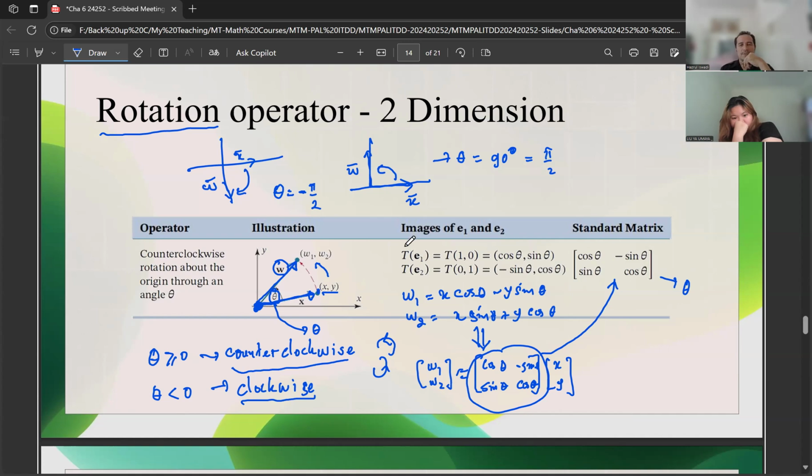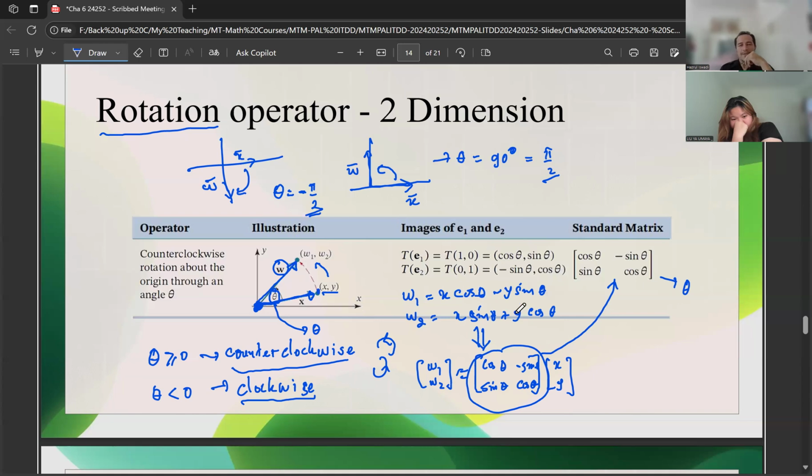Jadi sudut itu will be positive if we rotate the vector counterclockwise. The angle will be negative if the vector rotates clockwise. Jadi memutar X-nya searah jarum jam, itu berarti nanti sudutnya akan negatif yang dimasukkan.